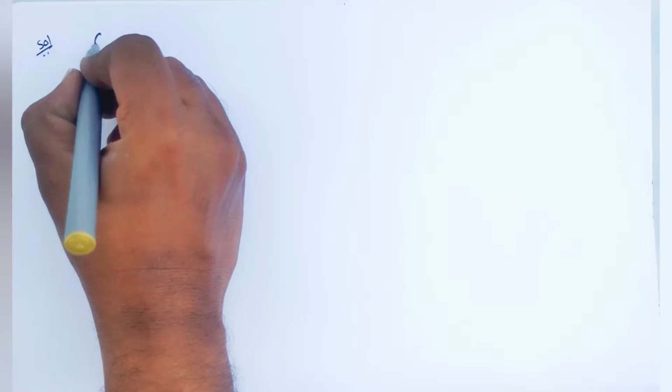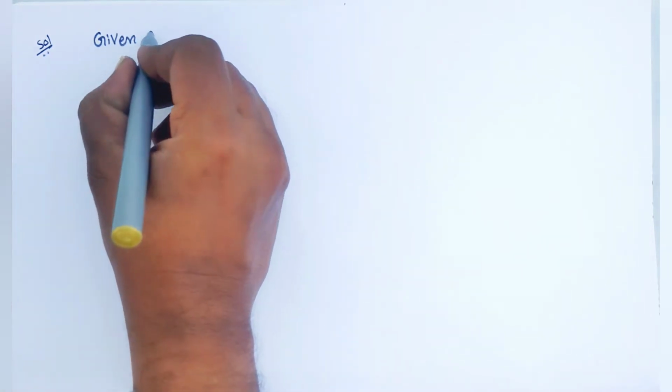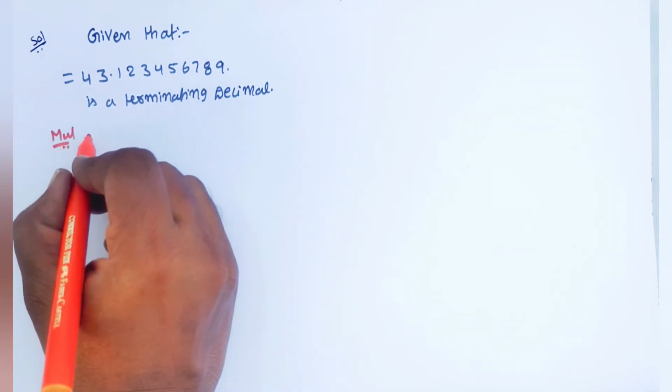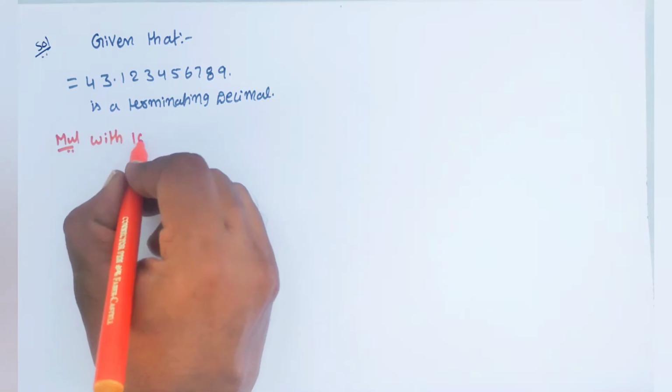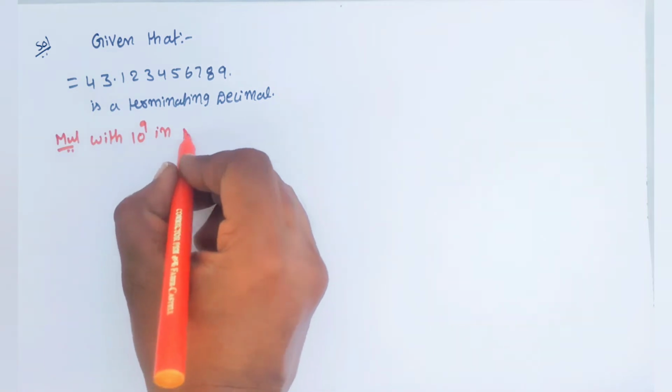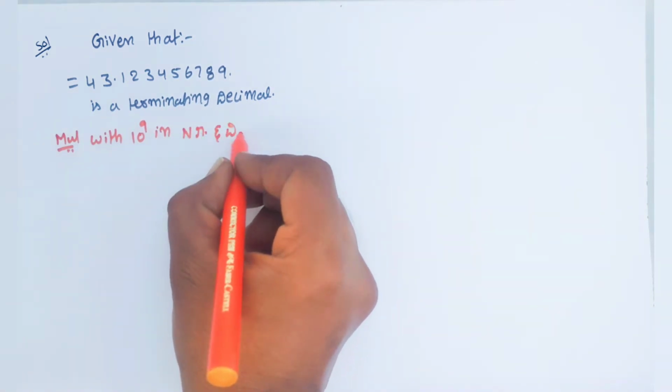Now the solution. Given that 43.12345678 is a terminating decimal. There are 9 digits after the decimal point, that's why we multiply by 10 power 9 in numerator and denominator.